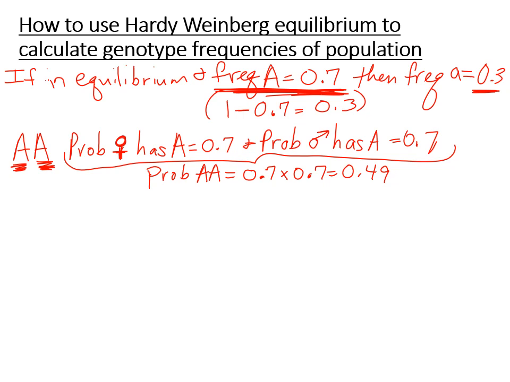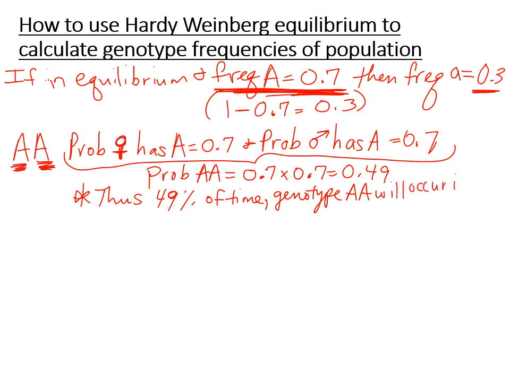So this calculation we just did basically tells you 49% of the time genotype capital A capital A, or homozygous dominant, will occur in this population.